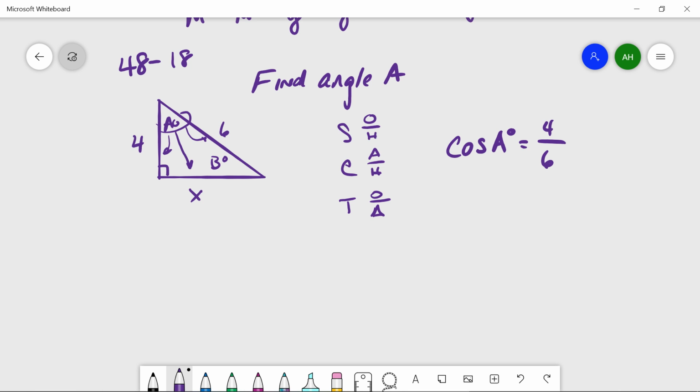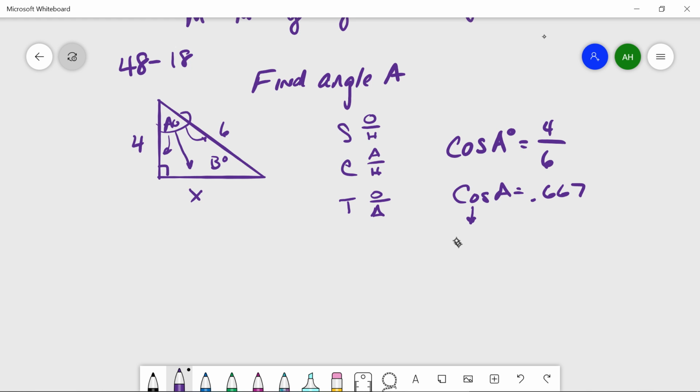So I know that the cosine of angle A equals 4/6, and I can divide that out. 4 divided by 6 equals 0.667. Then what you wind up doing is calculating the inverse cosine.